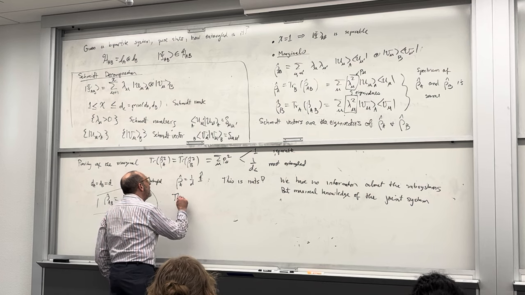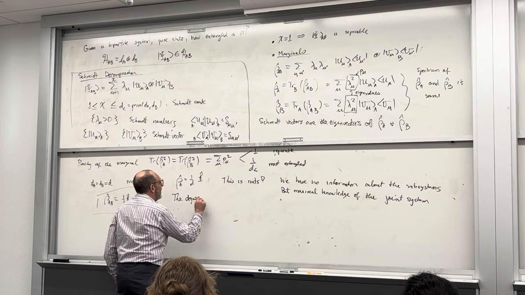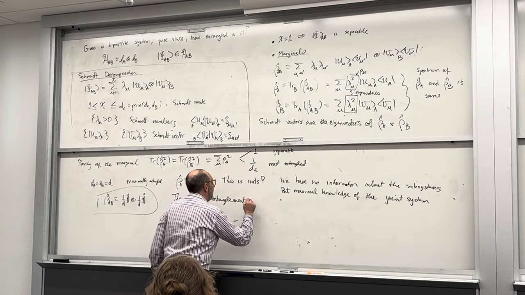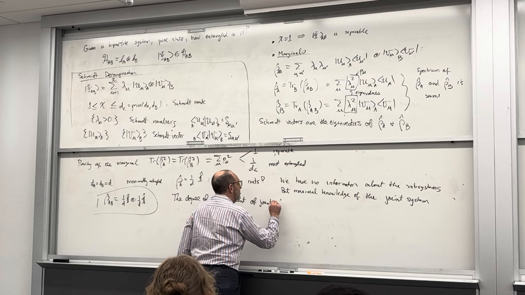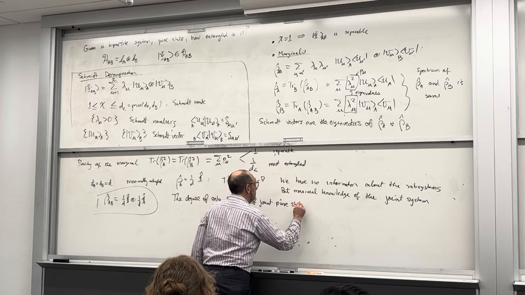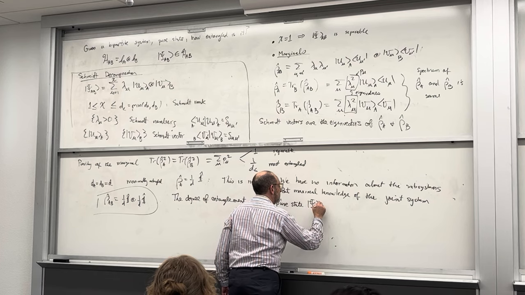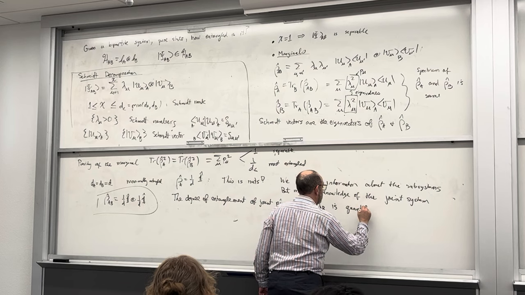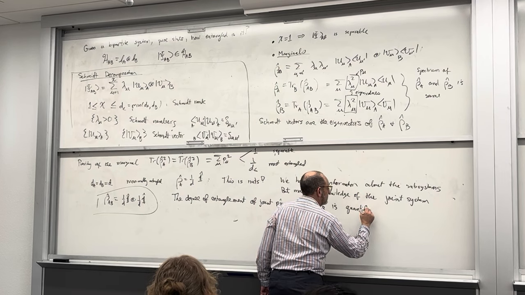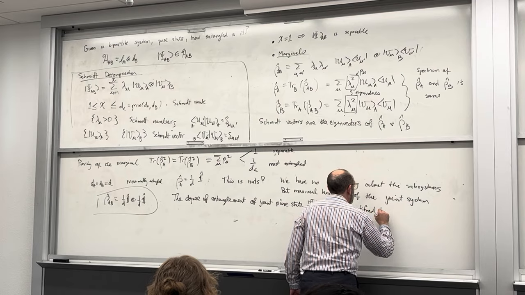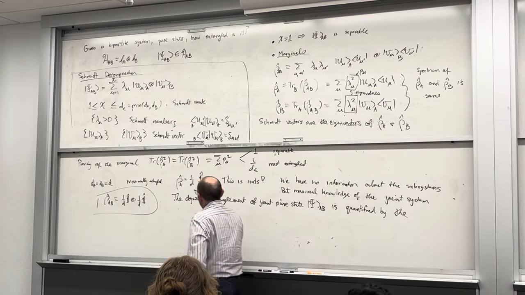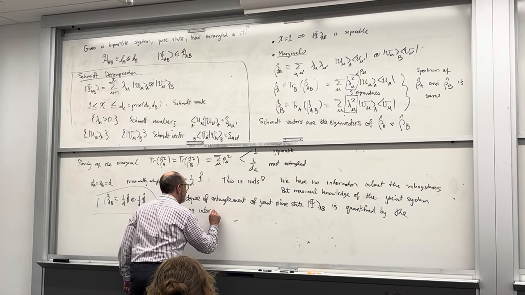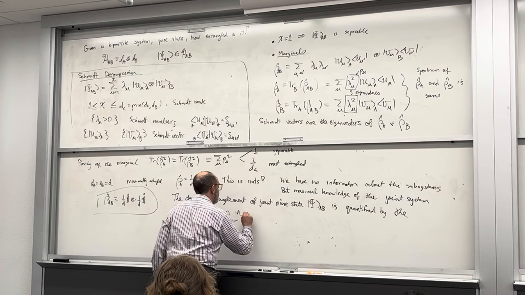So the degree of entanglement of the joint pure state is quantified by the missing information in the marginals.